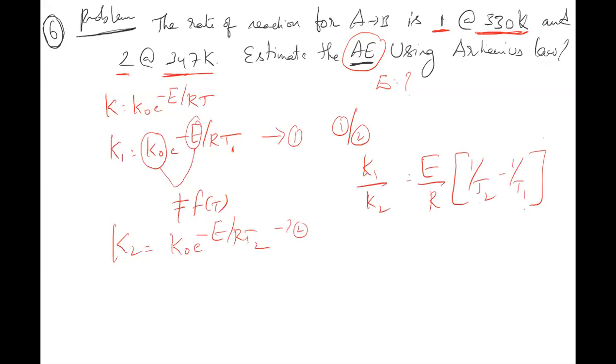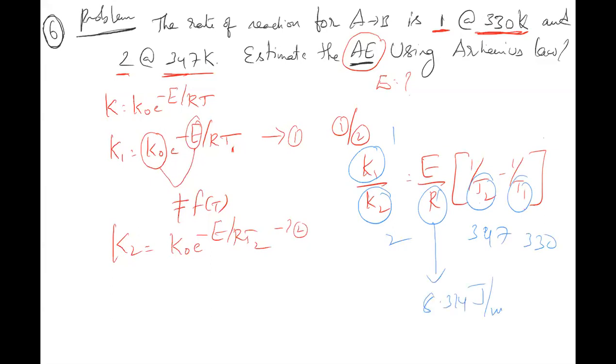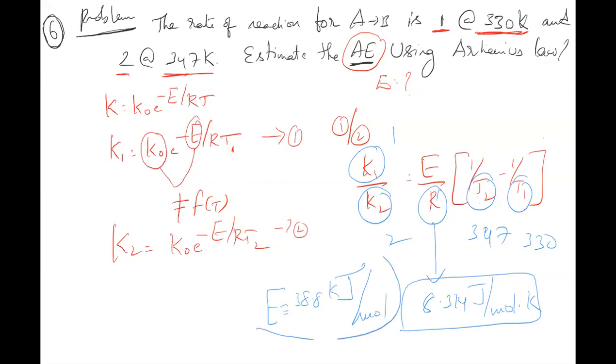K1 is 1, K2 is 2, T1 is 330, T2 is 347. R is 8.314 joule per mole Kelvin. If you solve this problem, the unit of E is joule per mole, so we get something like 38.8 kilojoules per mole as the answer.